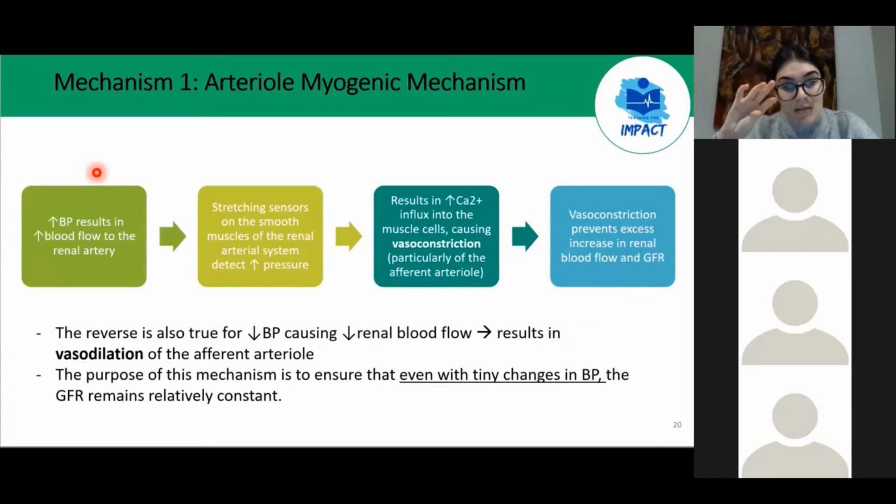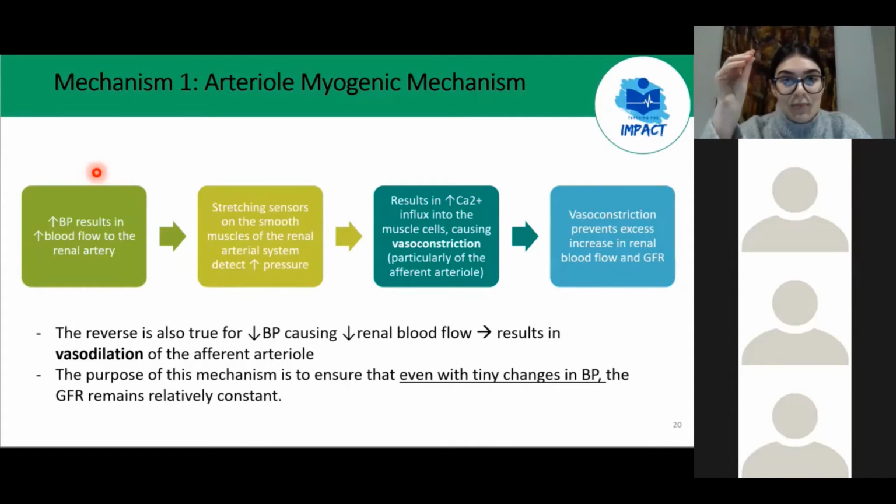And stretching sensors on the inside of the artery, of the smooth muscles of the artery, are able to detect that increase in pressure. So when it detects that increase in pressure, it signals to release calcium, and calcium causes vasoconstriction. So when we have increased pressure reaching the kidneys, the response is to vasoconstrict.